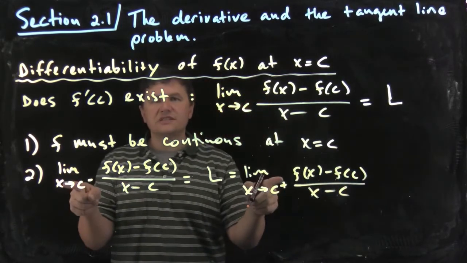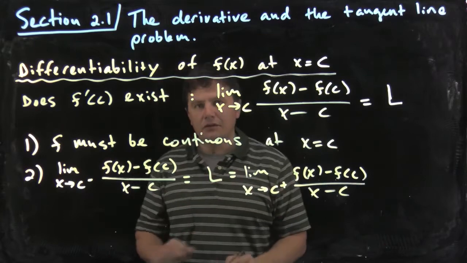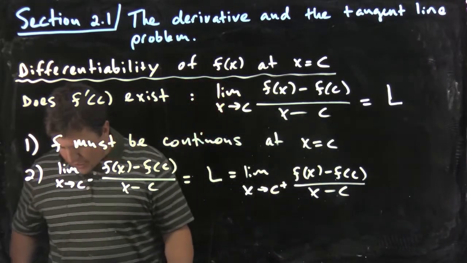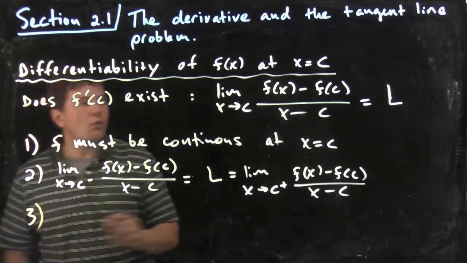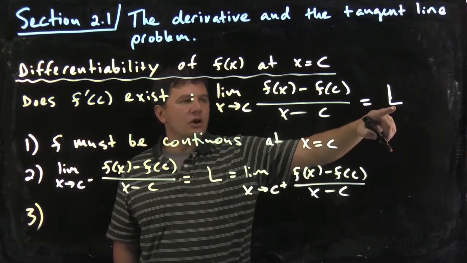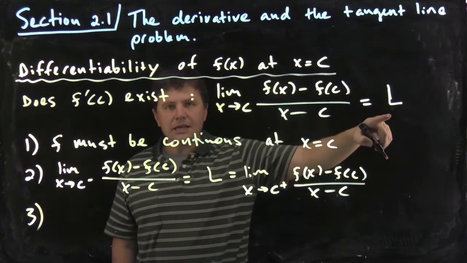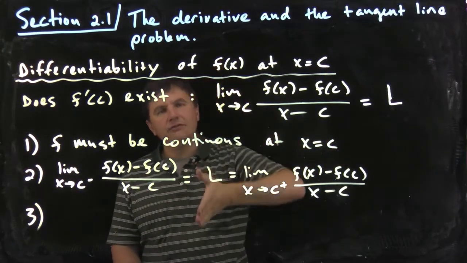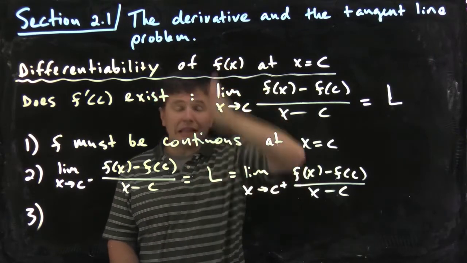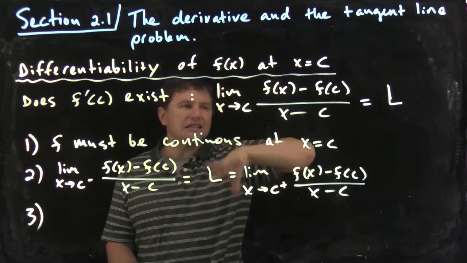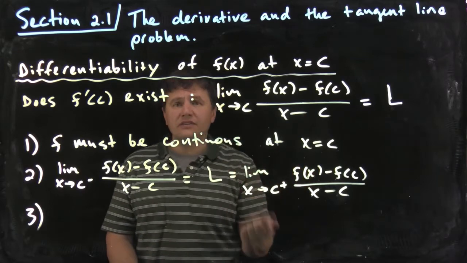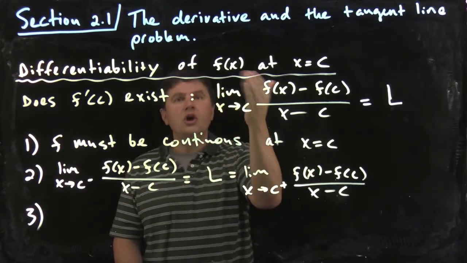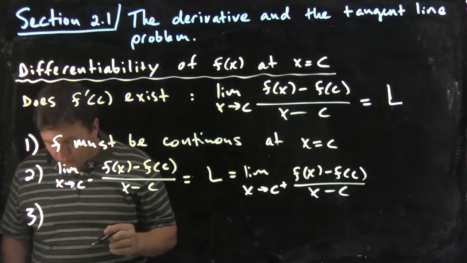So the slopes from the left and from the right have to match, and I'll show you what that looks like if it doesn't. And then finally, 3. What if this thing goes to infinity? We'll talk about why that is. You probably remember from Algebra 1 that if I have a vertical line, I can write an equation for it, x equals some value, but it doesn't have a slope, because you would have a rise of some value over 0, which is nonsense.